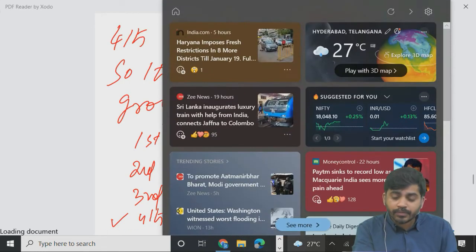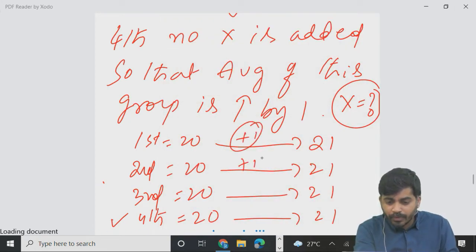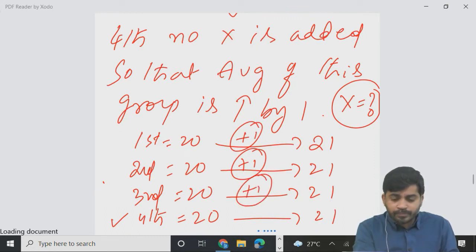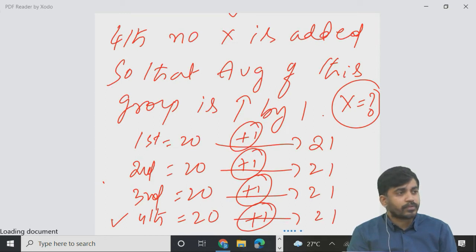It means here plus 1, here plus 1, third number also increased by plus 1, fourth number also increased by plus 1. So if I bring only 20 to this group, it will be the same as the previous value.